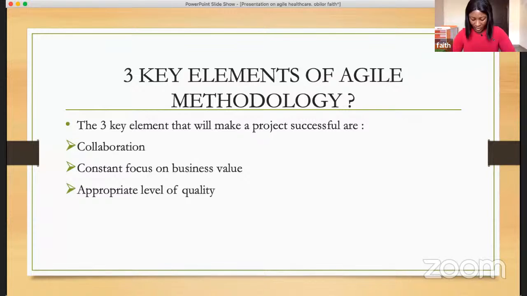What did you say? Can you come again? What activity in the healthcare system can you compare? What are the things that you do that look like sprint planning?